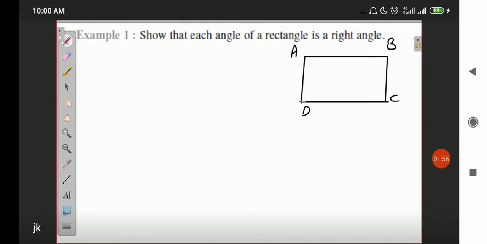Both of its diagonals are of equal length. So we are going to use this very property to prove that our given rectangle has all angles as right angles. So see carefully.